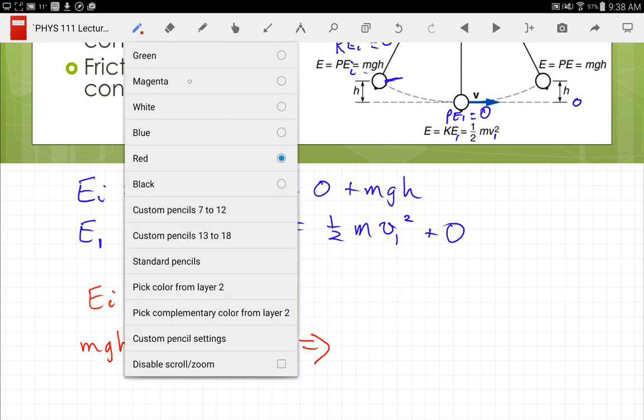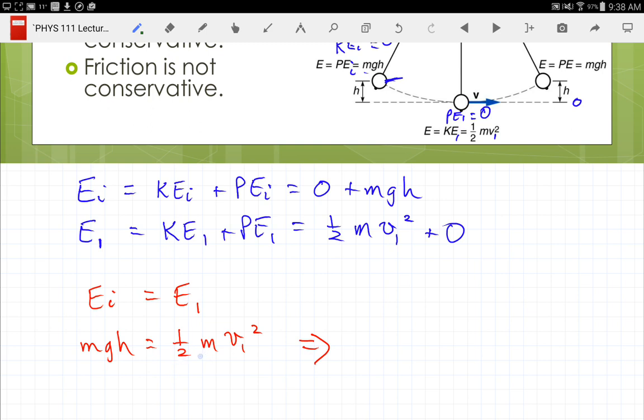Notice when I divide by m what happens. The m's cancel. Thank you, Denford.